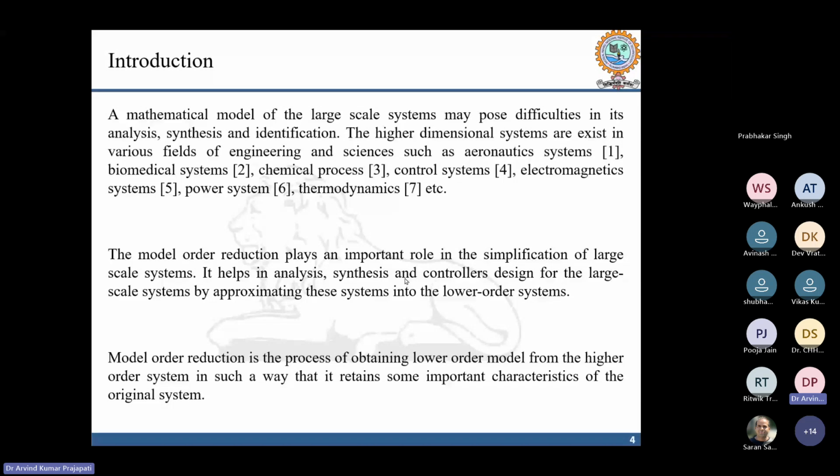So suppose if your original system is giving steady state values like 10, so your reduced model must also give the steady state value of 10.